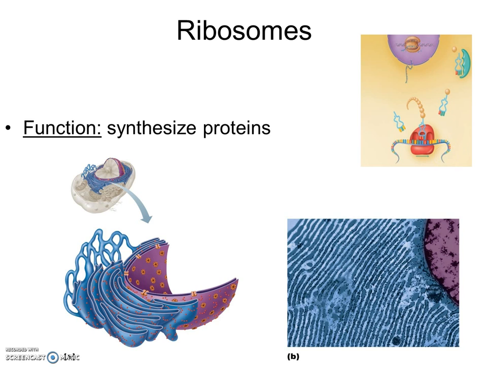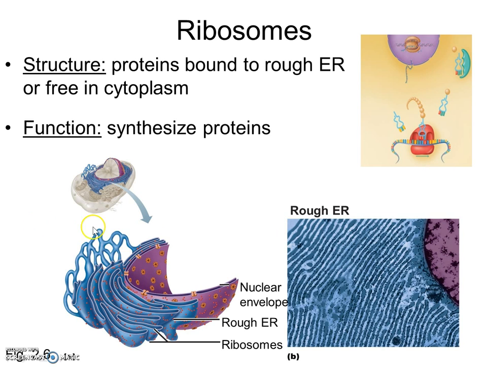Now let's look at the structure of a ribosome that helps it do it. So right here, you have the nuclear envelope, which is surrounding the nucleus. And then coming off of this in blue, you have the ER, or the endoplasmic reticulum. And then over here, you can see an electron micrograph image of the rough ER.